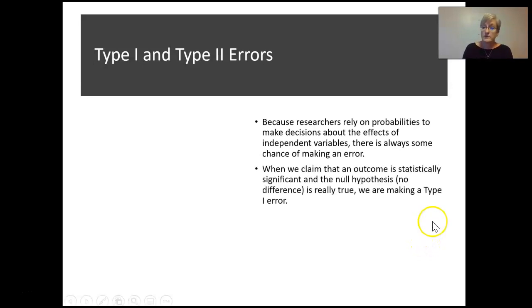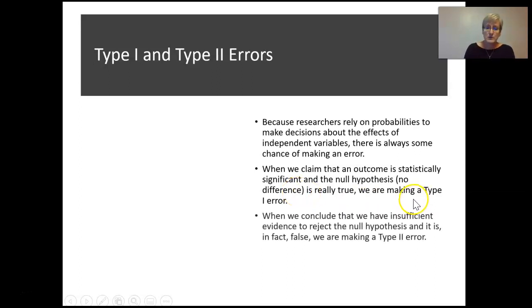So when we say that you have a finding that is statistically significant, but the null hypothesis is actually true, that's called a type 1 error. So if we say that there's a statistically significant finding, but in reality there shouldn't have been, meaning there's no real effect of your IV, that's a type 1 error.